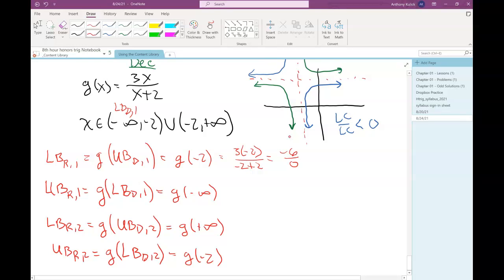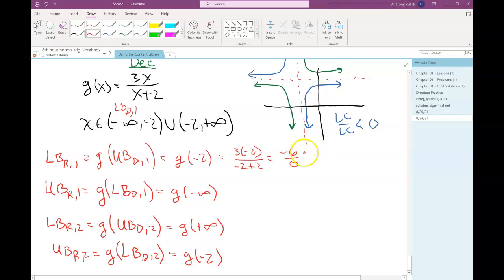You guys buy that? If I'm going to take 6 things and divide it into 2, there are going to be 3 in each piece. If I'm going to take 6 things and divide it into 0 parts, there's going to be infinitely many pieces in each part, right? Because we've chopped it up so finely. Everybody okay with that idea?